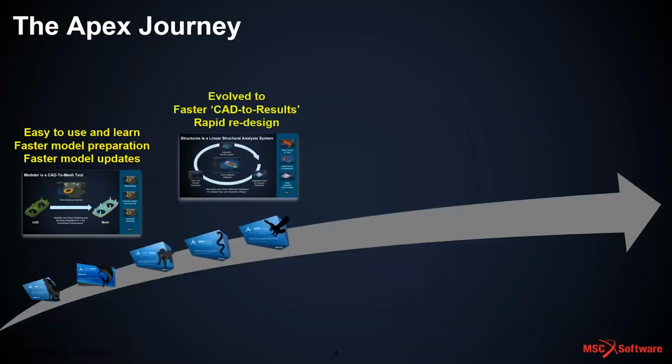And it has been the faster CAD to mesh, powered with direct modeling tools, and it is generative in behavior, which you are all familiar with right from the introduction of Apex. It has evolved over time to be a CAD to results tool, and it provides you a rapid design environment to conduct what-if studies.